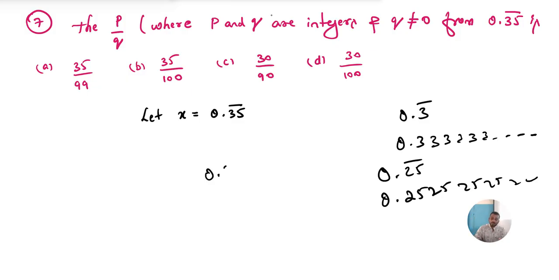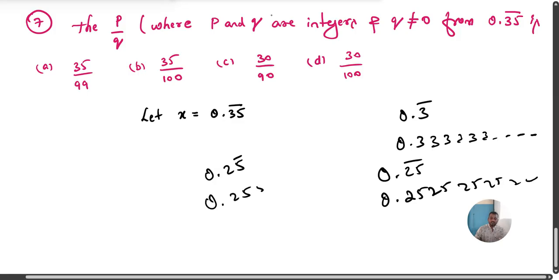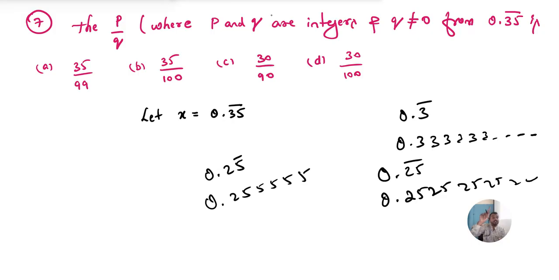If I write 0.2 5 bar, it means 0.2, 5, 5, 5, 5, only the number with the bar is repeating. Any doubts? Only the number on top of which there is a bar keeps continuing and repeating.